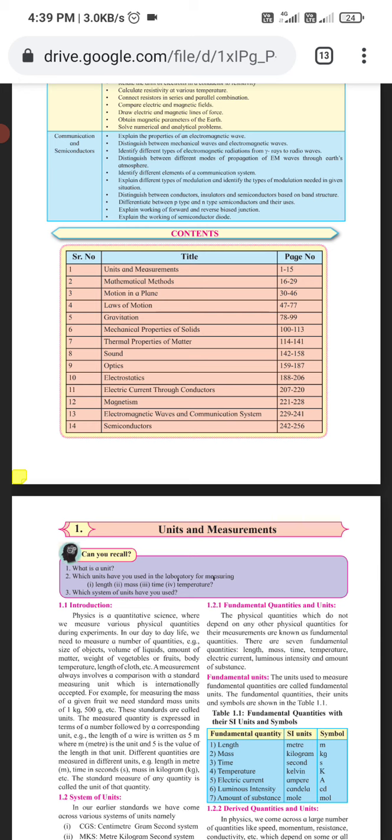How will we measure the length of the table? By scale. Using a scale you will take more time to measure it. So by using a meter scale, within a few seconds we can measure the length of the table.